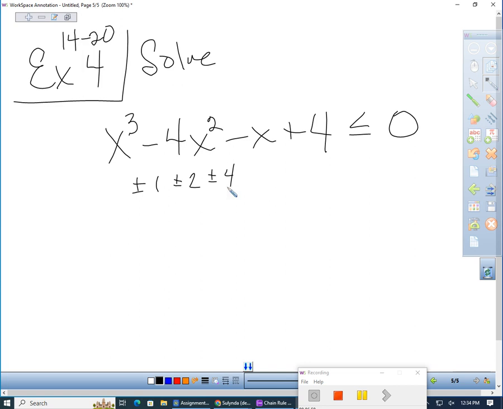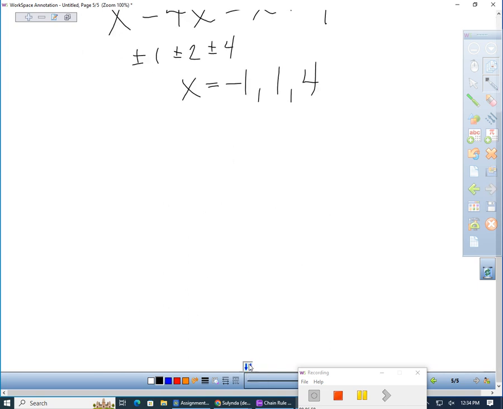You get -1. Okay. So x equals -1, 1, and 4. If you only found one of them, what would you have to do? Math it. Yeah, synthetic division. All right. So, do you want to do this by graphing it or a signs table?